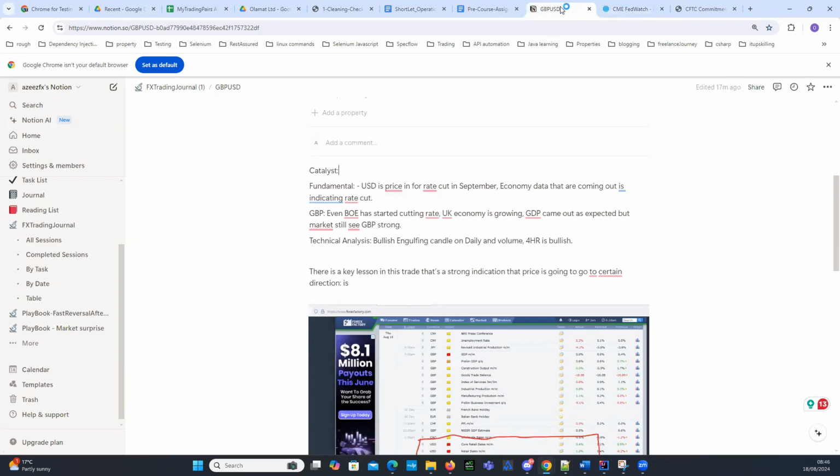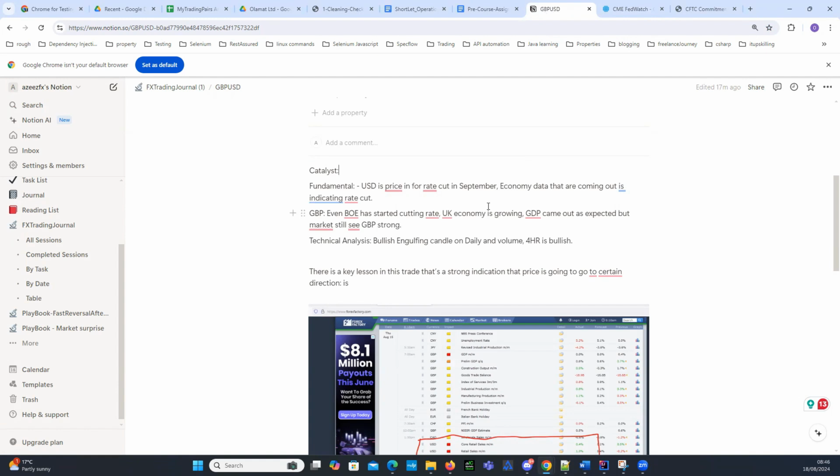So the market is already feeling the rate cut. So USD is vulnerable. It's been going into a bearish state for some time now. The economic data that are coming out are indicating that rate cut.